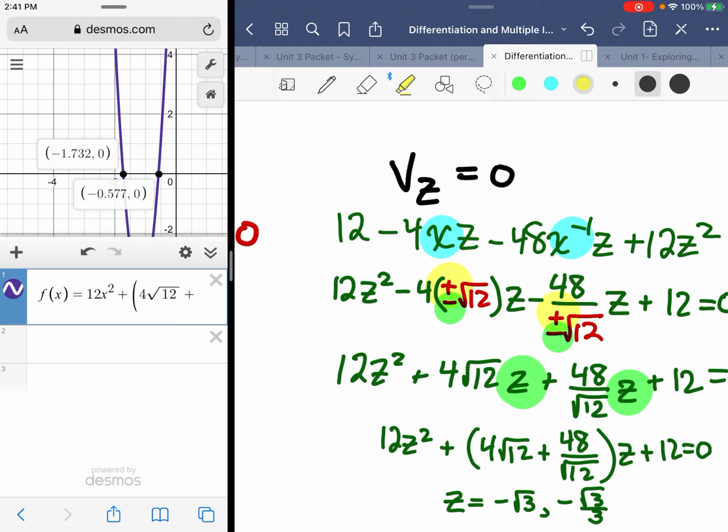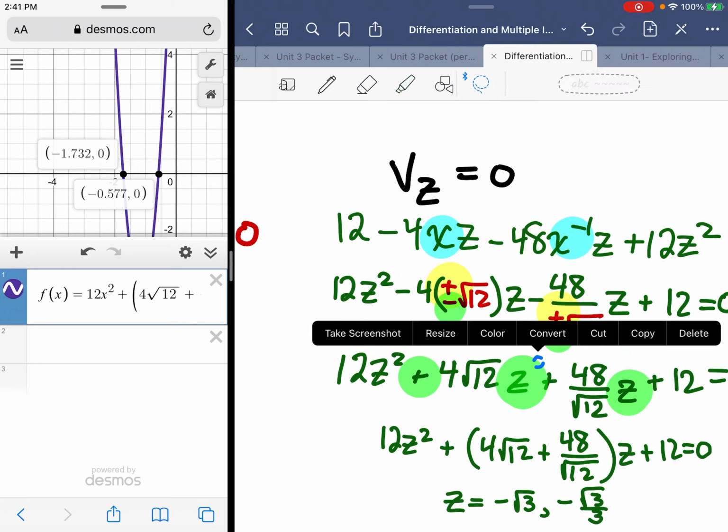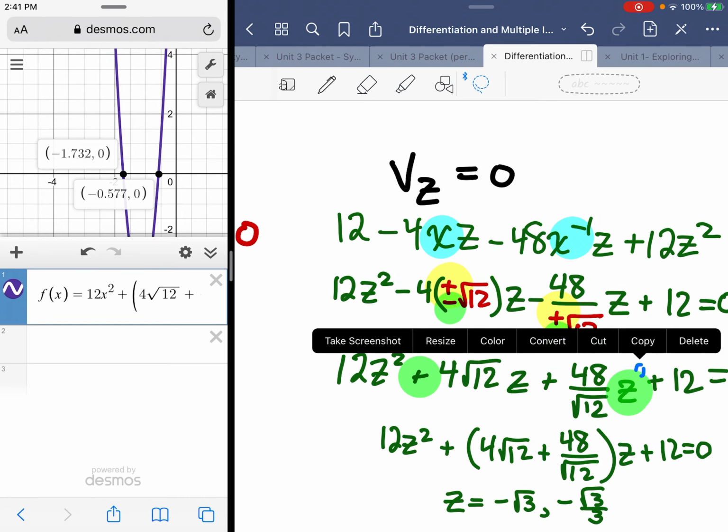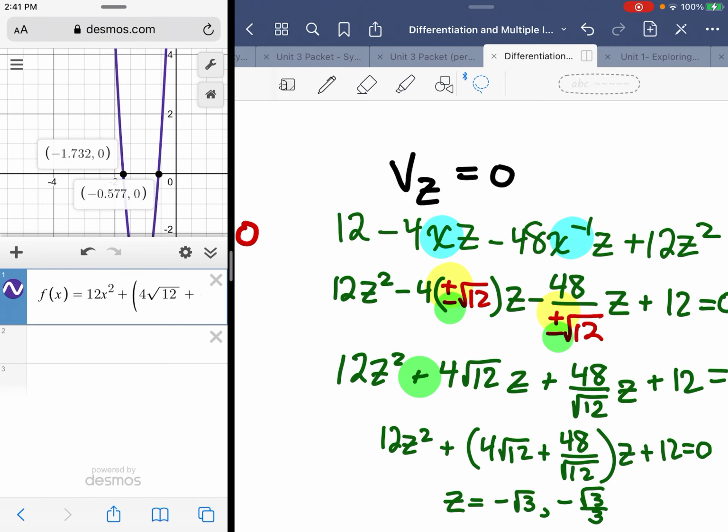Regardless, we can still carry on from here because all it's going to do is impact the signage. We took care of the negative case, so let's take care of the positive case.